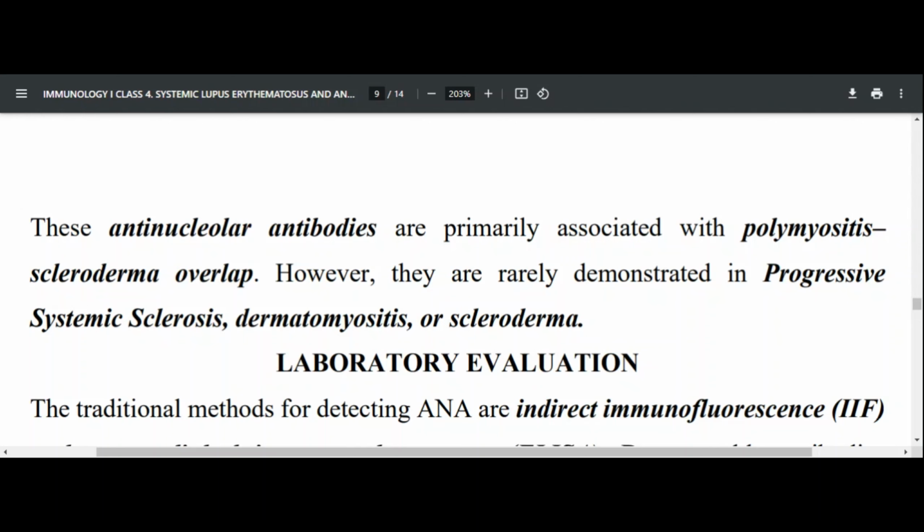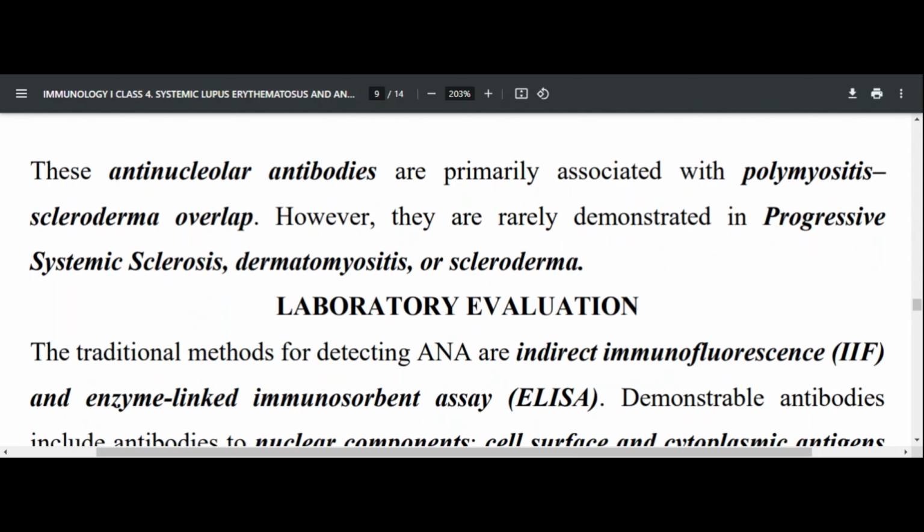Especially, we will be discussing how to interpret the indirect immunofluorescence antinuclear antibody technique, how they react, like the fluorescence reaction, because we have to use fluorescence microscopy and observe the reaction of the nuclei of the cells used, especially human epithelial cells. So we can use them to show reactions in fluorescence, right?